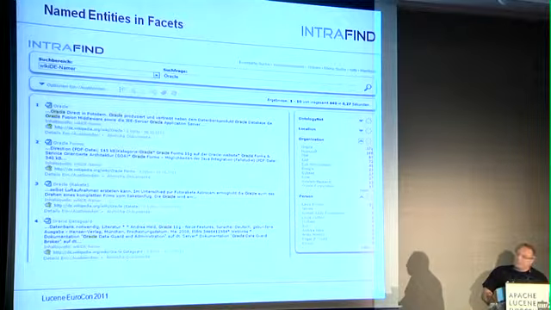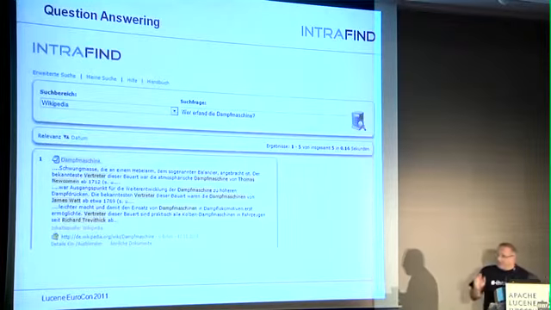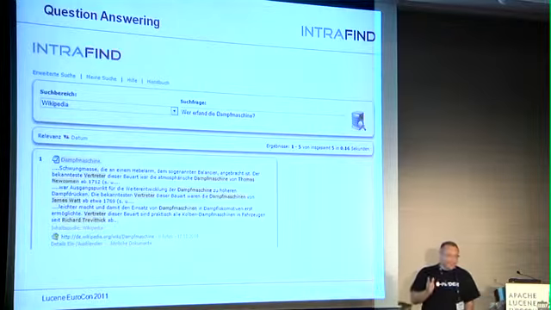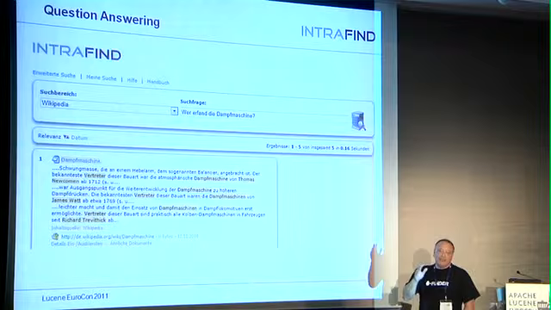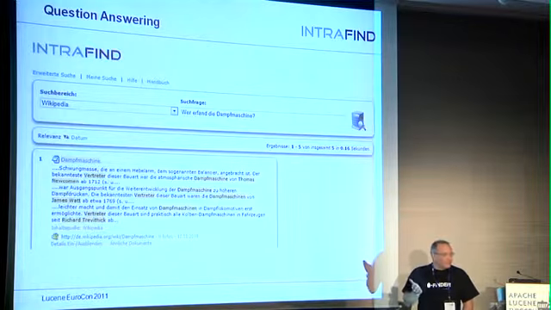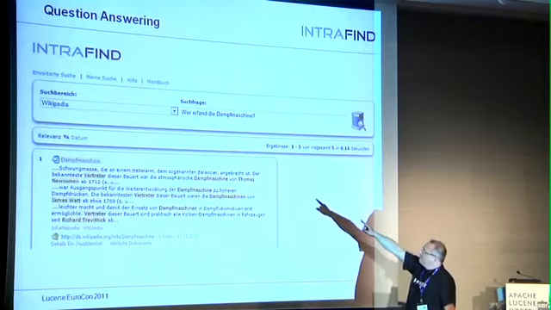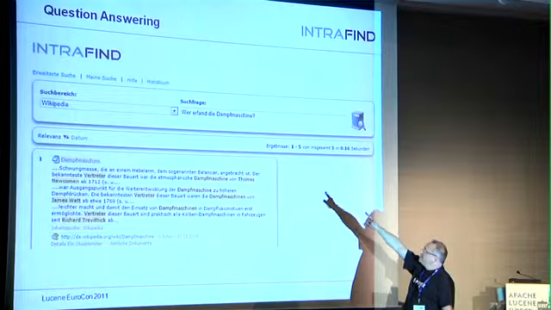We had a talk about named entity recognition and how to use it in Lucene and Solr in one of the last sessions. You can do much more with it besides facets and facets with expert search. You can implement a natural language processing or question answering system. Like if I have the question, who invented the steam engine?